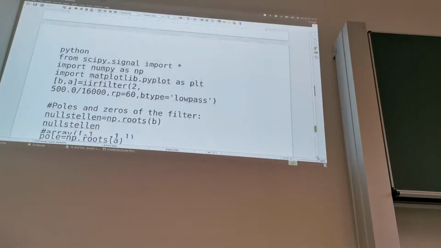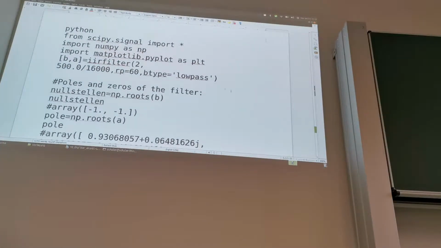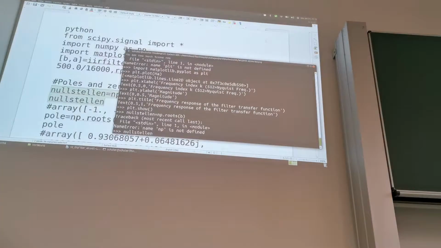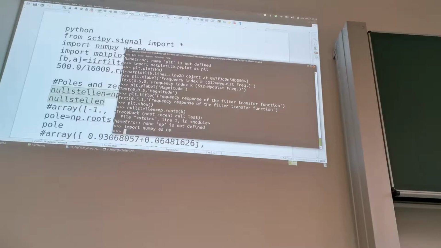So here we do it. I already imported those libraries. Here's our filter, which we already did. And now we have Nullstellen, which is zeros, using our coefficient vector b. Right. So here, copy, paste, import NumPy as np.